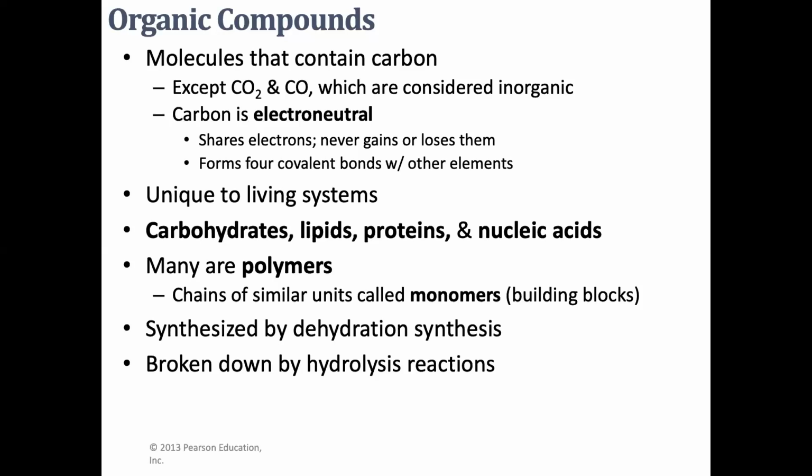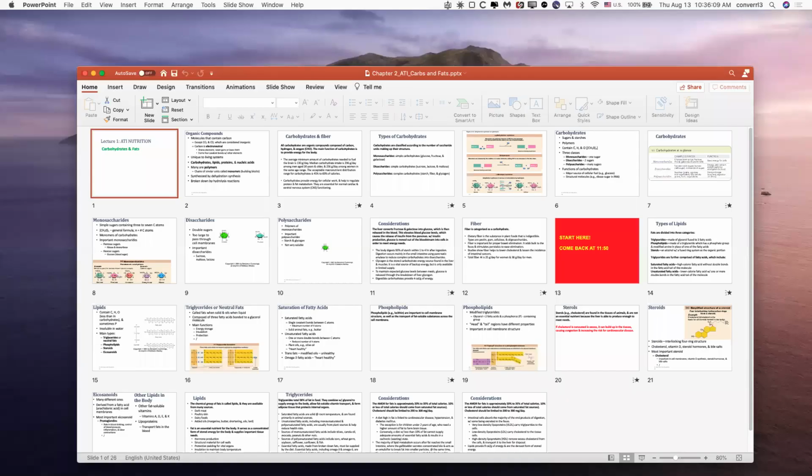Okay. So what we want to do here for just a second is talk a little bit about elements and atoms before we jump into organic compounds, so you can sort of get a grip on what we're talking about.